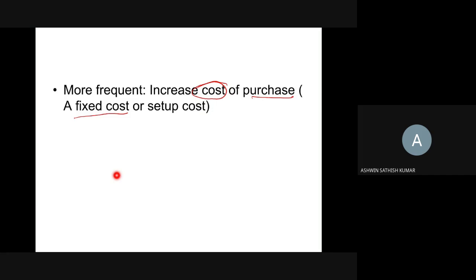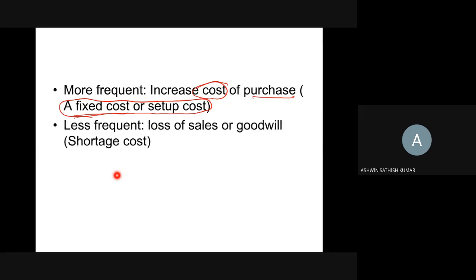After that, depending on the number of items, he can charge more. But there is always some minimal charge, right? How many items you are procuring is immaterial, but the minimal charge you have to pay. Such type of charge is known as the fixed cost or the setup cost, that you have to bear for each order, for each procurement.